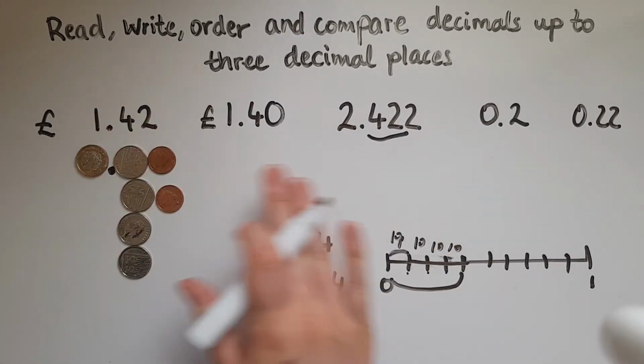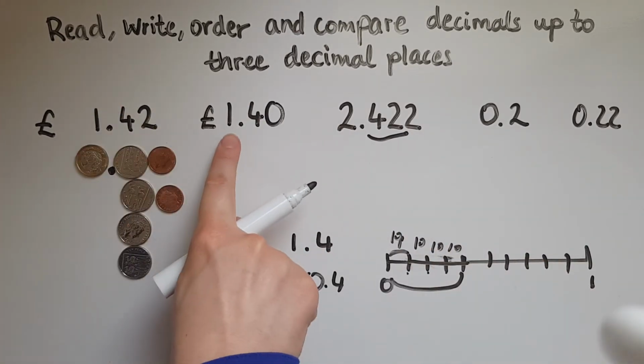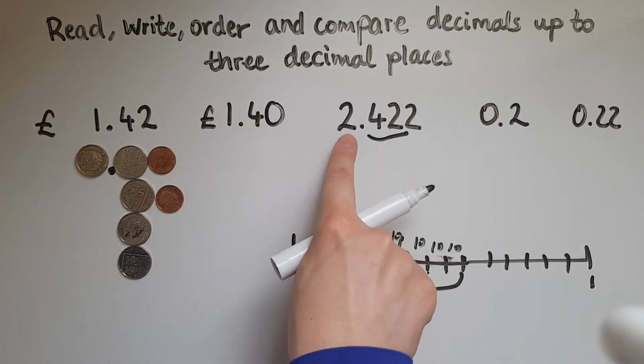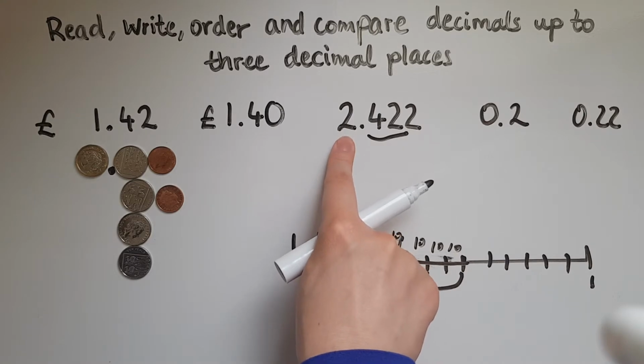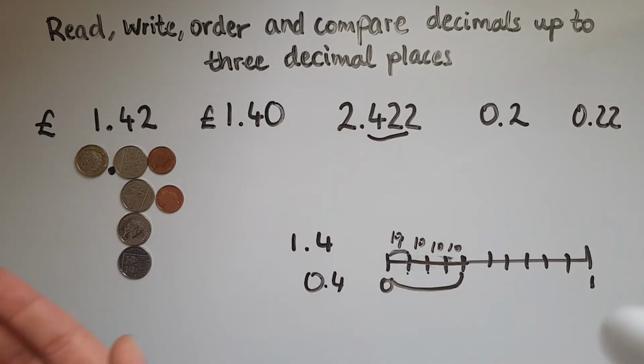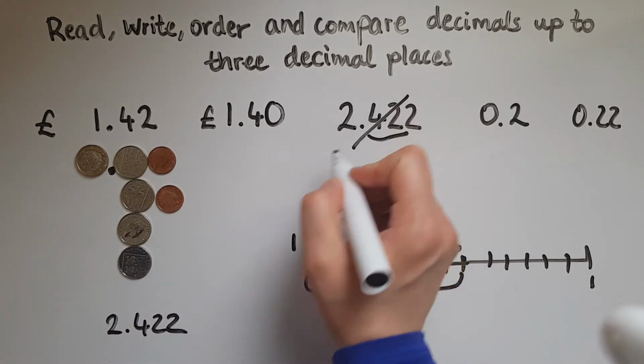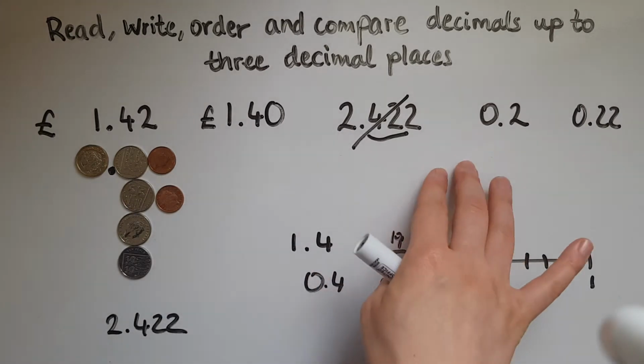If I look at these, I have a whole pound there, a whole pound there, 2 whole pounds there, £0, £0. So this must come first because pounds have a greater value, and that's 2 whole pounds. So I'm going to go 2.422. And then after this, which one would I pick?